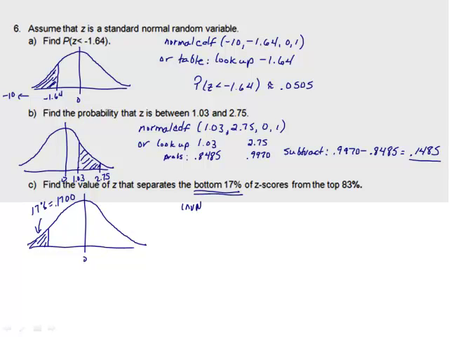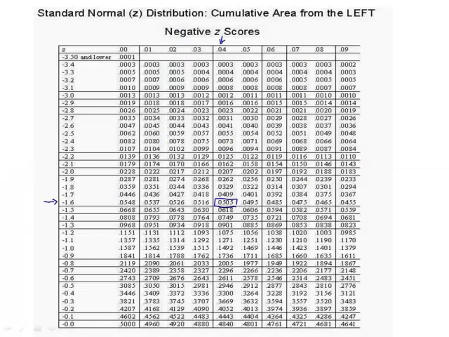On your calculator, you're going to use the inverse norm function. All you have to do is put in that probability or the area for the left part of the graph and 0 and 1. In the table, we're going to find the value in the middle of the table that's the closest to 0.1700. And I always write those with 4 decimal places because that's how the values in the table look.